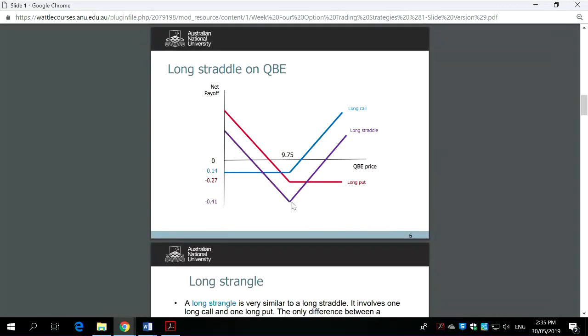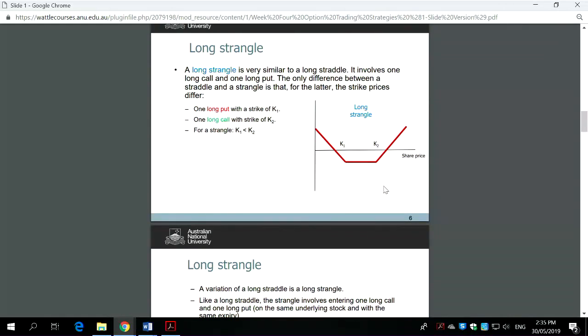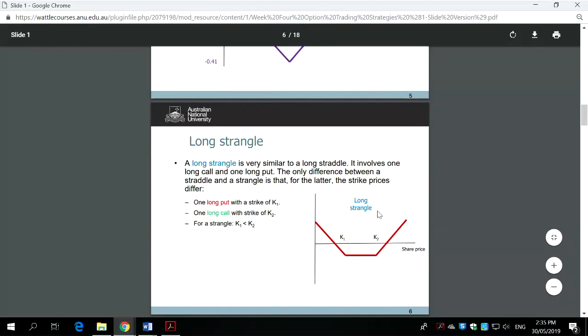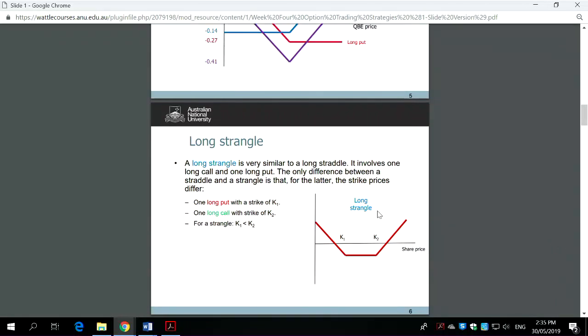Now, the maximum you're going to lose is 41 cents, which is the premium that you spend on buying the call and buying the put, right? So that's the maximum loss. Okay, so this is another way you can reduce your loss to the long straddle, which is to go with the long strangle, right?